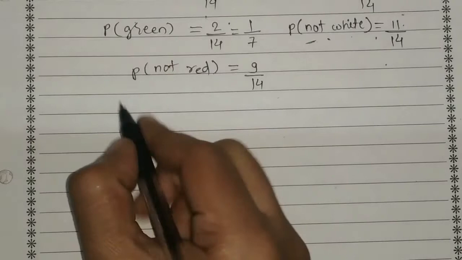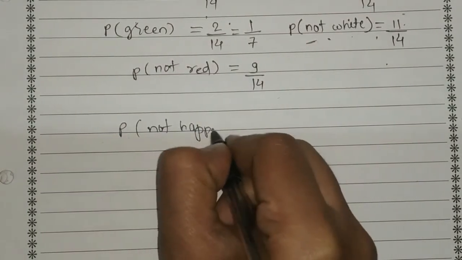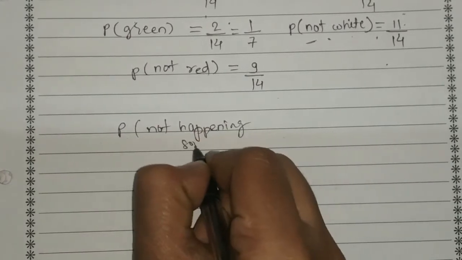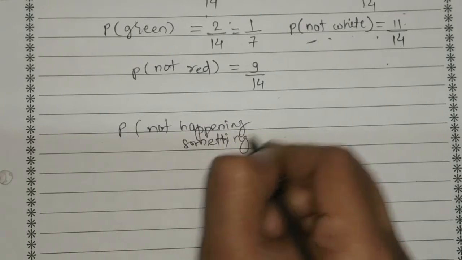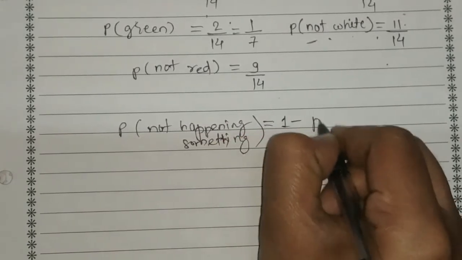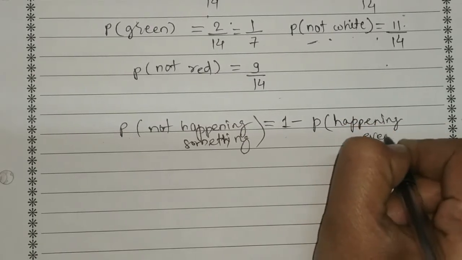Or in general, the probability of something not happening is equal to 1 minus the probability of the event happening.